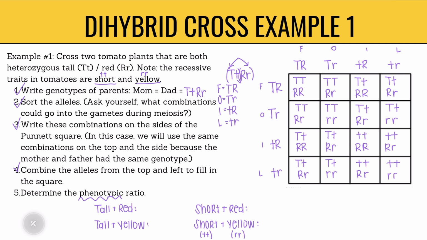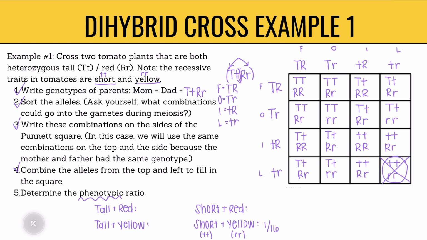So to be short and yellow, I'm going to have all 4 recessive alleles, so all 4 lowercase letters. And whenever I'm looking at my boxes, only this one has that. So 1 out of 16 boxes are going to be short and yellow. So I can go ahead and mark that one out and get that out of the way. That way I don't look at that one anymore.